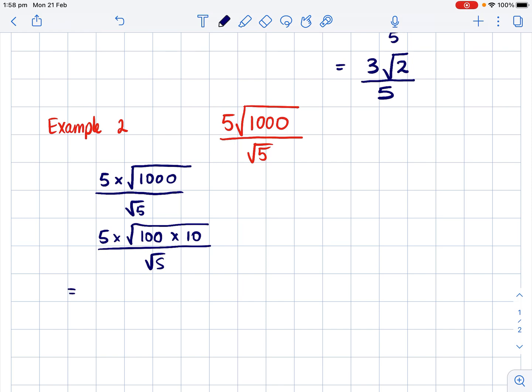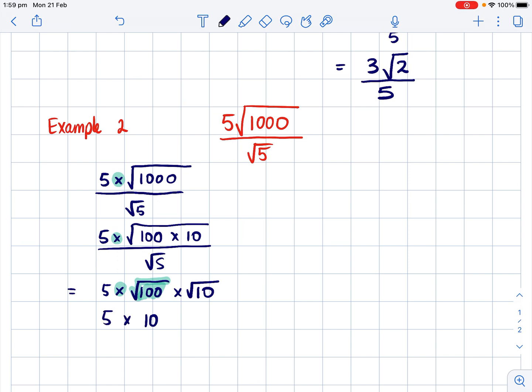And then this is where I break it up into the two parts. I don't show this step when I'm doing my own work, but so you can see it. I can break that up into the square root of 100 times the square root of 10. And notice that I've got this times sign in here. So once I take the square root of 100, because that has an answer, square root of 100 is just equal to 10.